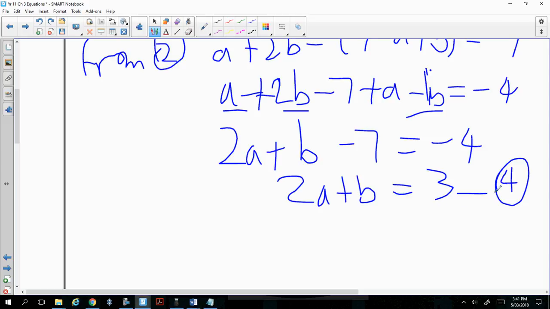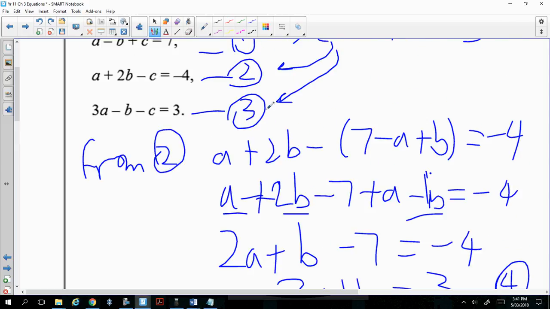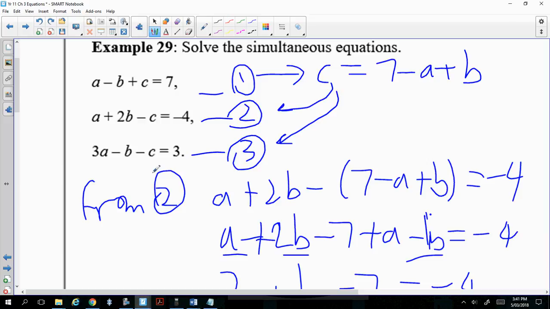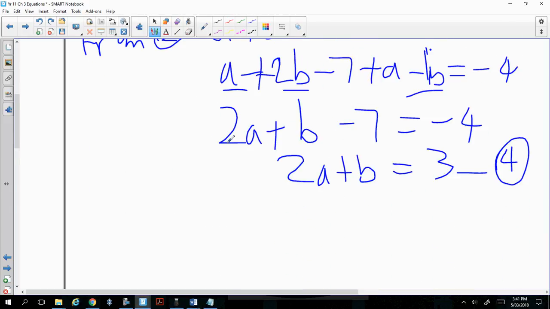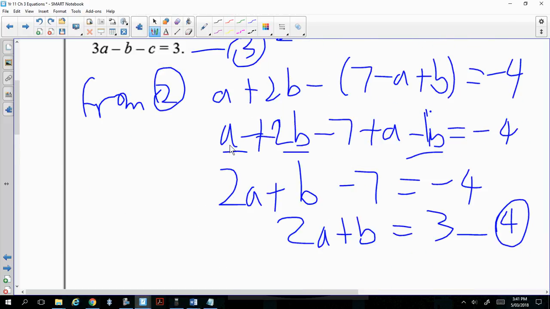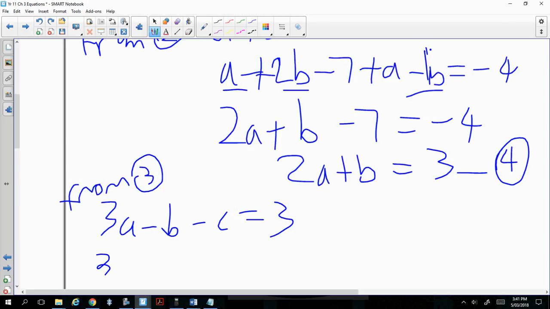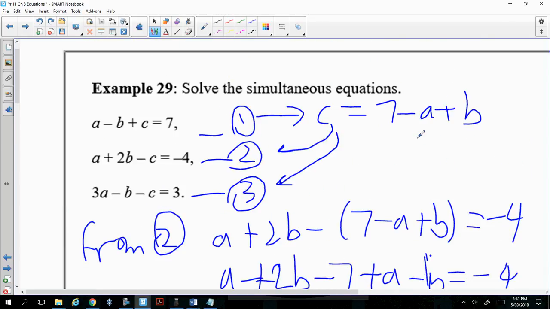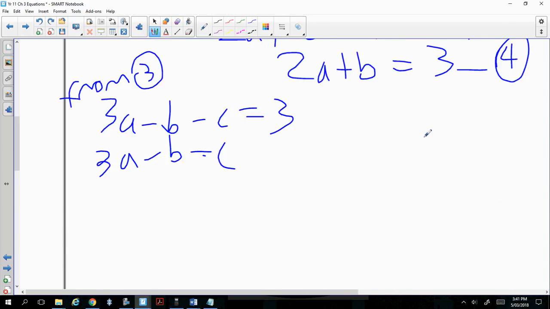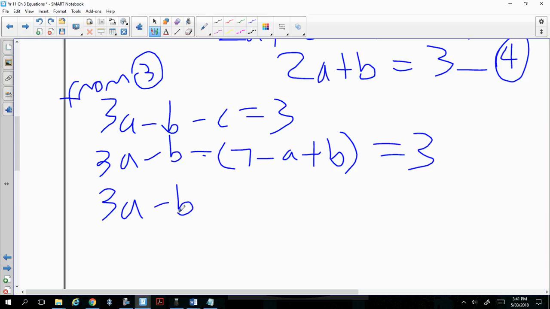And then we'll do the same thing. We're going to substitute this c into number 3. So 3a minus b minus c equal to 3. From 3, replace c by this thing, which is 7 minus a plus b. So 3a minus b minus 7 plus a minus b is 3.